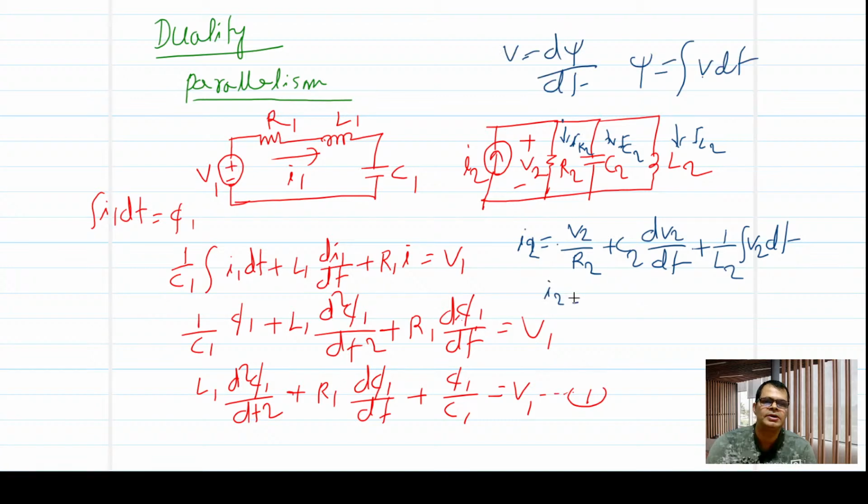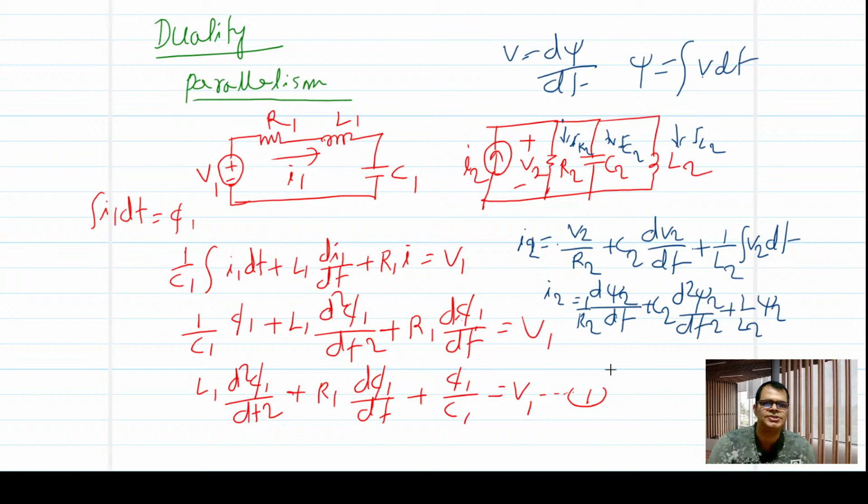So V2 is equal to dψ2/dt, because I am writing all with subscript 2, so that's why I am using ψ2. Then I2 = (1/R2) dψ2/dt + C2 d²ψ2/dt² + (1/L2) ψ2.